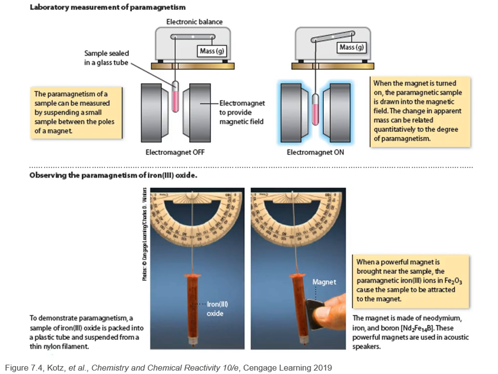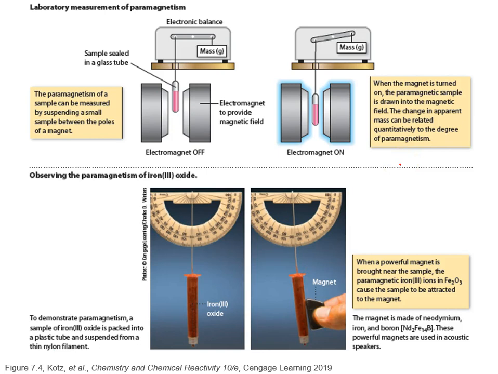This is a picture from our book, and it shows that if we have a sample in a glass tube and we put it in the presence of a magnet, here the magnet is off, but if we turn the magnet on, we can notice that our little balance tips.